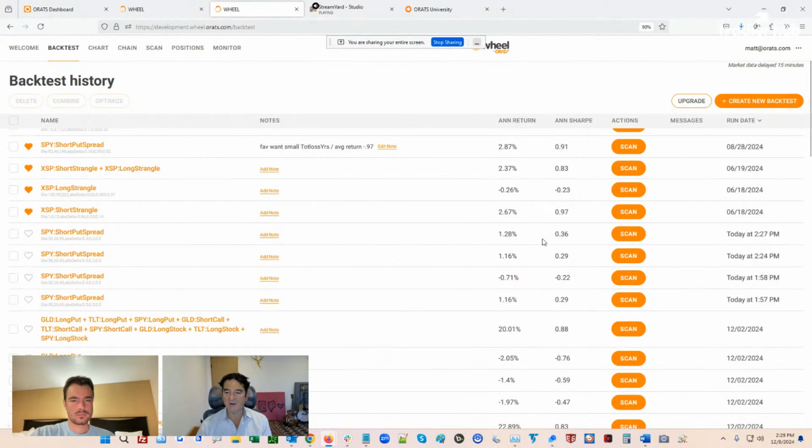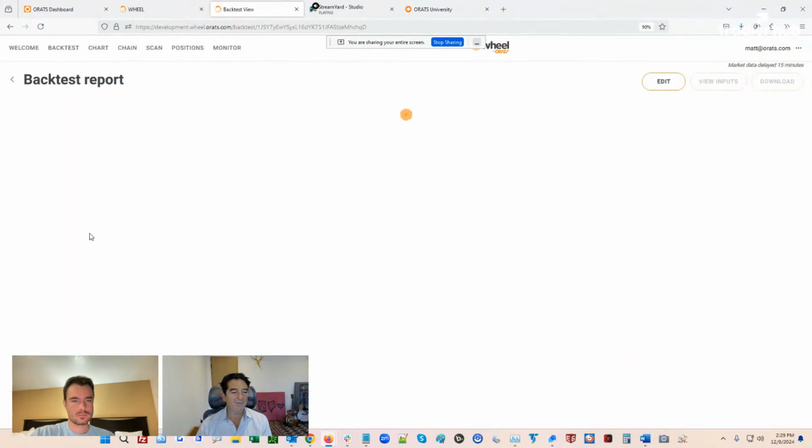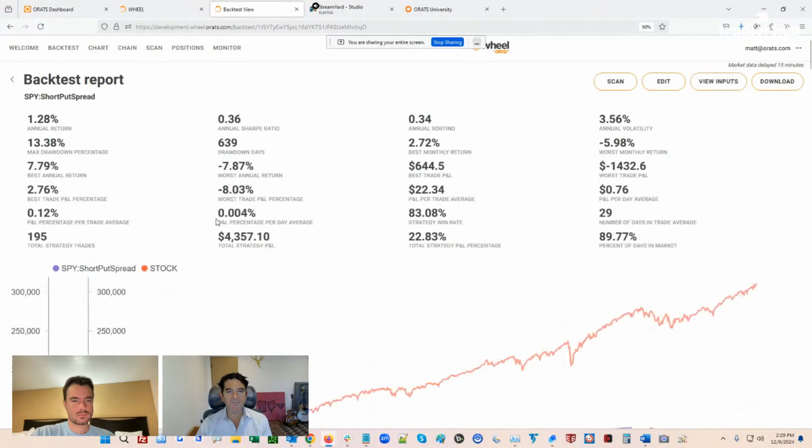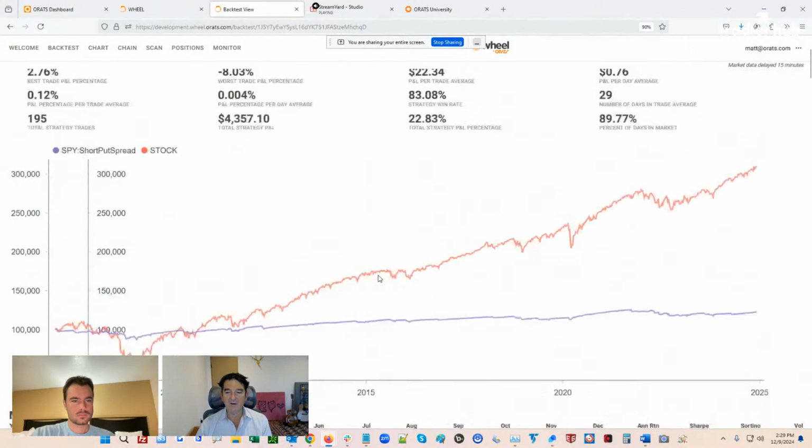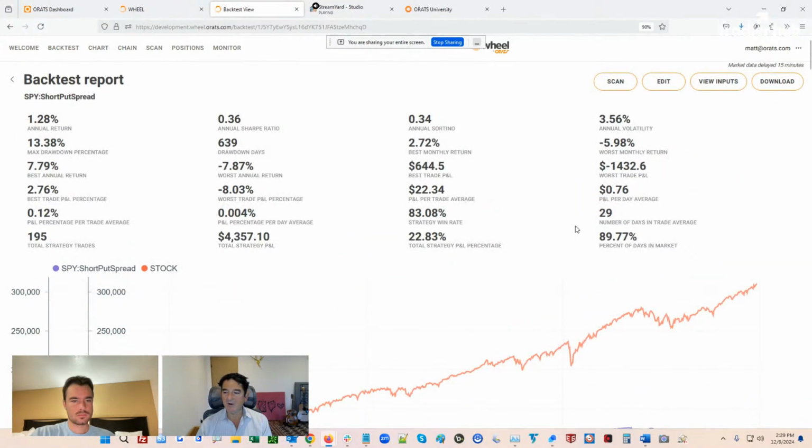And here's yours, Tyler. Yours is the best so far. Using that forward to trade allowed us to be in the market still 90% of the time, but our drawdown was lower and our return was higher.